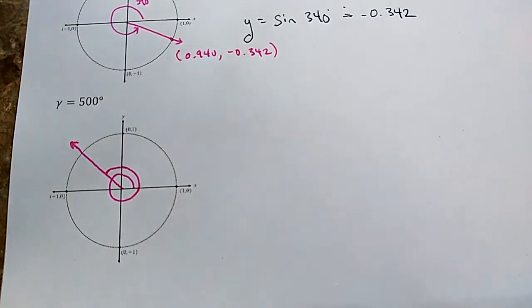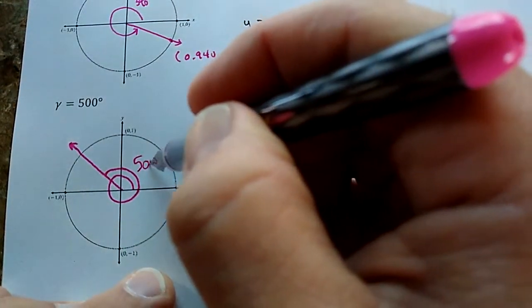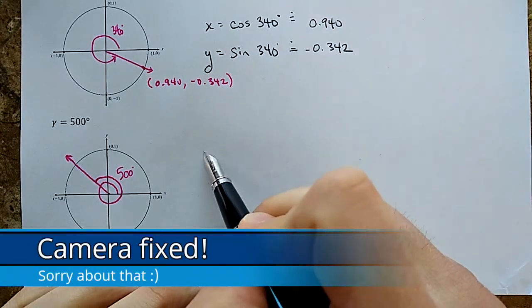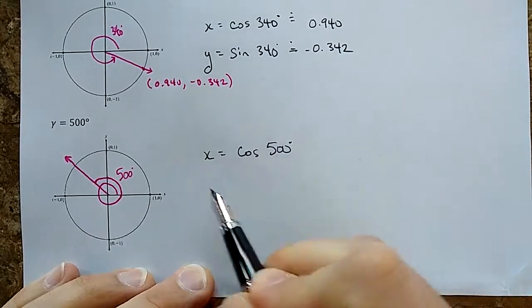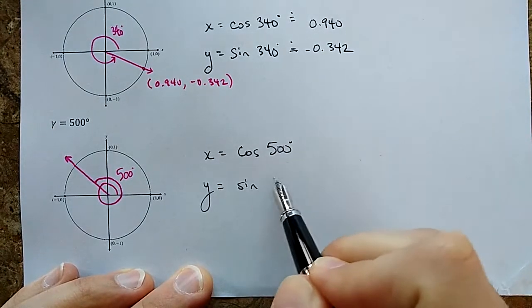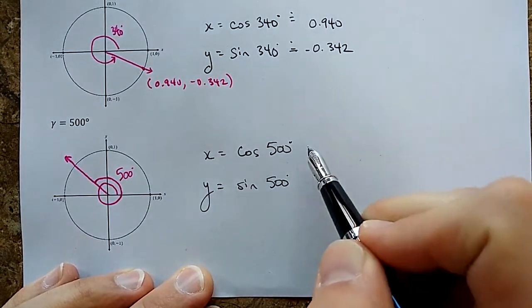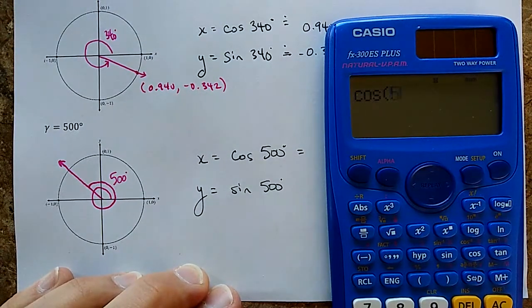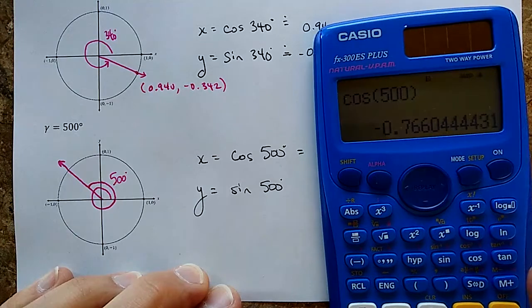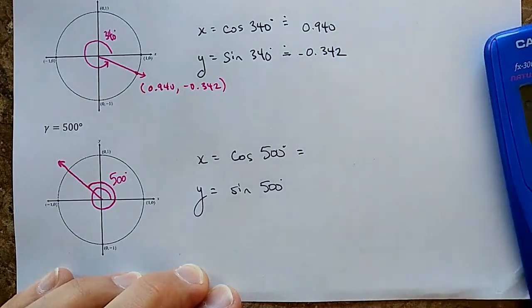So let's see what we ended up with for this angle. The x value is the cosine of 500 degrees, and the y value is the sine of 500 degrees. Cosine of 500 is about negative 0.766.